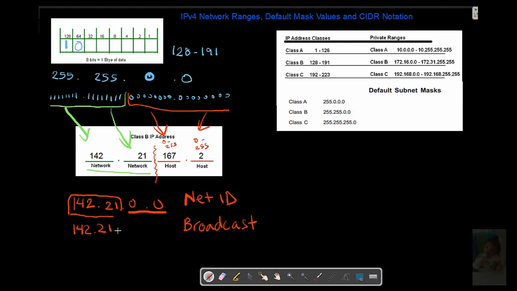Remember, those do not change. Those are our networks. That's our network address. This is where we have some play and some flexibility. There is our broadcast. Not assignable. All right, these cannot go to devices, meaning that we can assign to a device anything in this range.